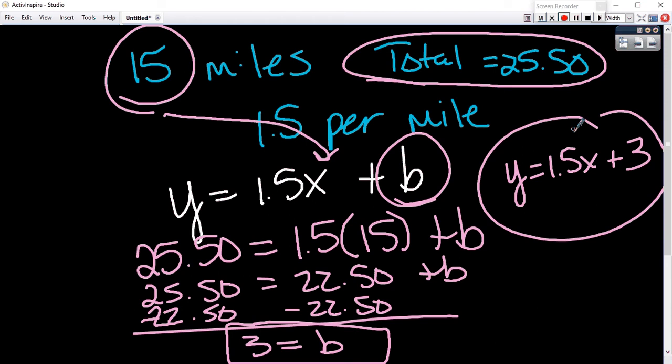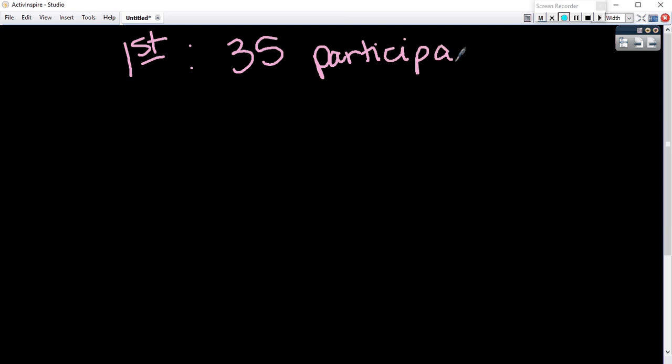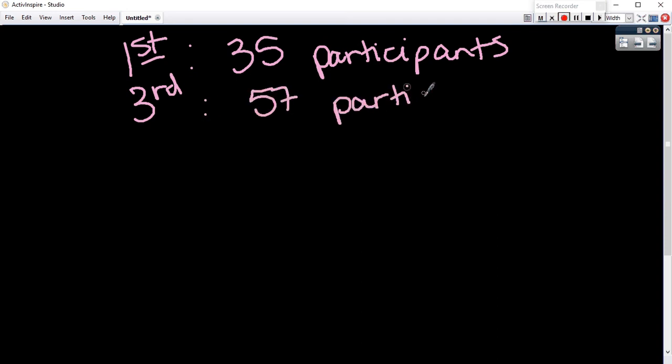Let's skip ahead to number 7. The math department sponsors a math family night each year. In the first year, there were 35 participants. In the third year, there were 57 participants.